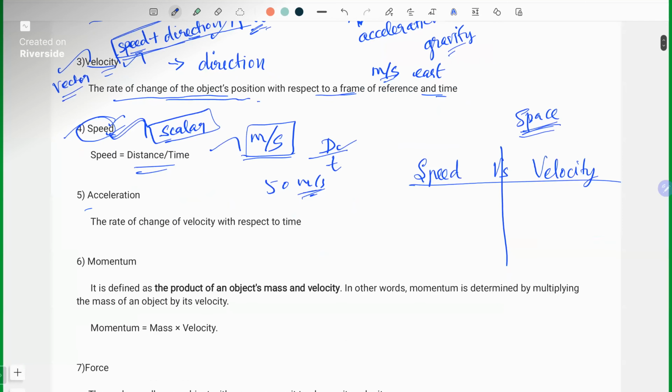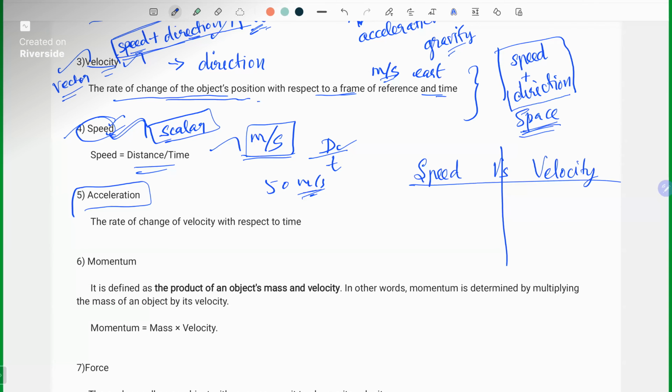Okay. Acceleration means, see, when there is velocity, say a speed, and it is moving in a particular direction, that is what an object with velocity will do. Okay. When the speed increases or decreases, if it increases it is positive acceleration, if it decreases it is negative acceleration.